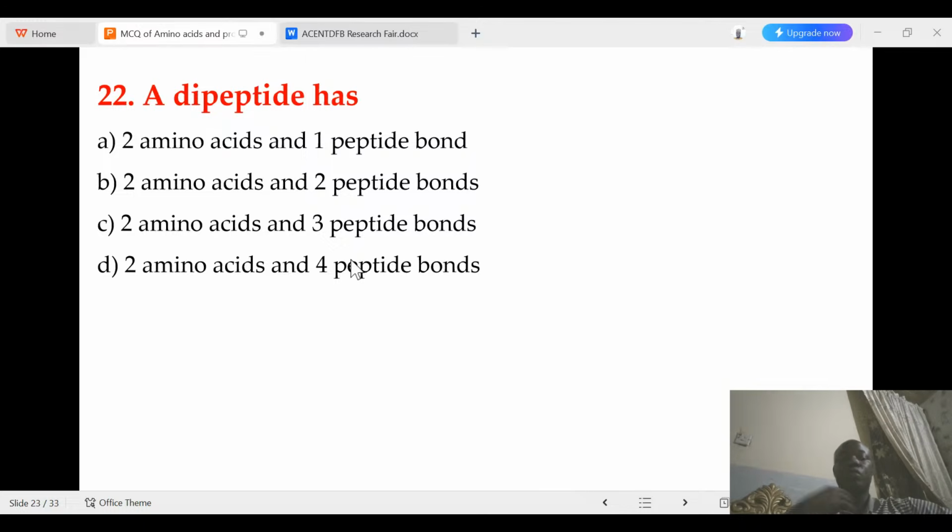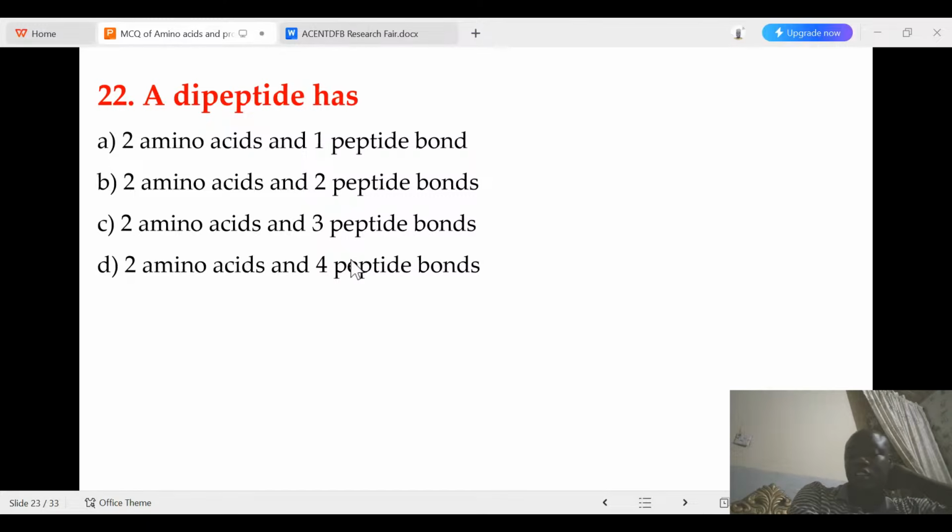So ladies and gentlemen, when we say dipeptide, which one is the answer? What is the answer for question 22?